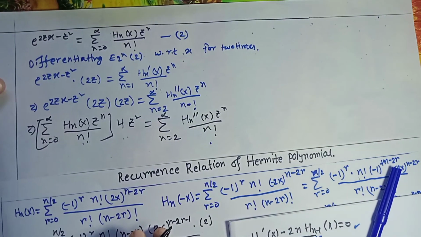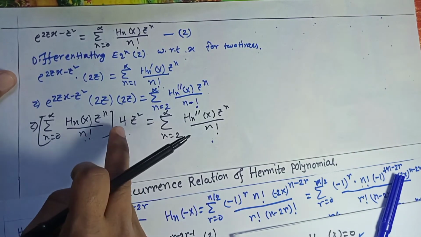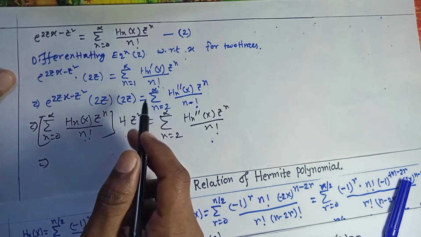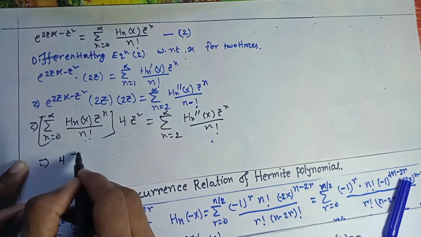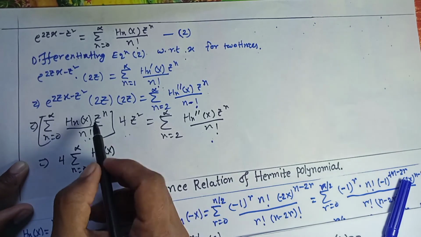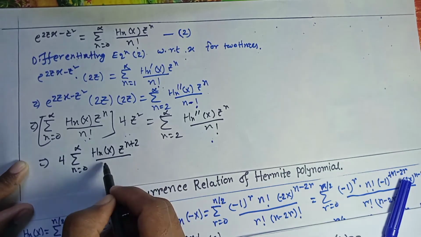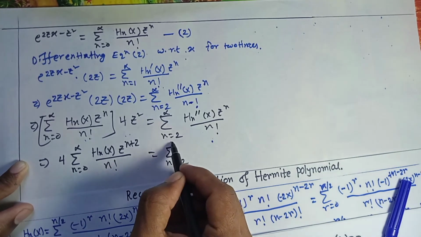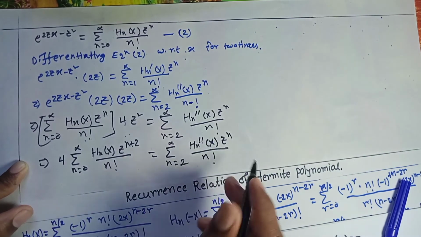Then we can get this. If we multiply this, then we get 4 into summation n equals 0 to infinity Sn of x z to the power n plus 2 divided by factorial n is equal to summation n equals 2 to infinity Sn double dash of x z to the power n divided by factorial n.